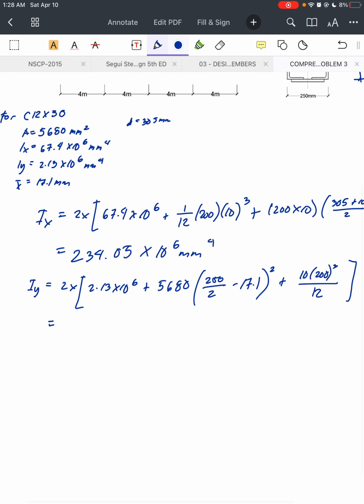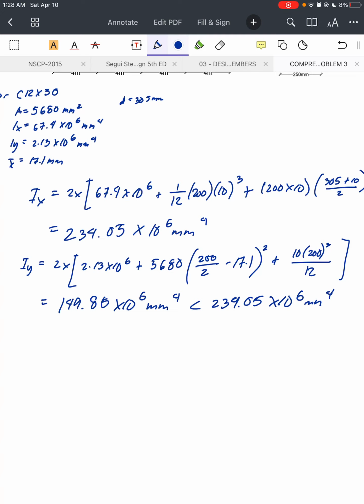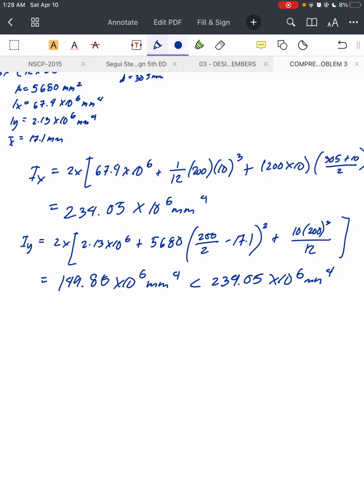Simplifying this, we have 149.85 times 10 to the power of 6 mm 4. Comparing the two values, the moment of inertia along y-axis is less than the moment of inertia along x-axis. So the moment of inertia in the y-axis is the smaller one, and that is what we will use.